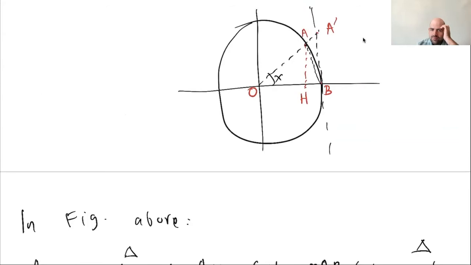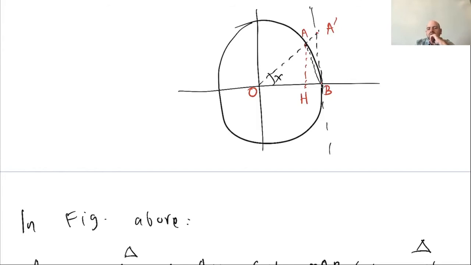Okay, so OAB, as you can see in this picture, OAB here as a triangle, the area is less than OAB as a sector, right? Because see, for the sector and the triangle, the difference is in this small region here. See this small region I'm showing with the cursor? If this small region is included, then you will have the sector OAB. And if it's not included, then you have the triangle OAB.